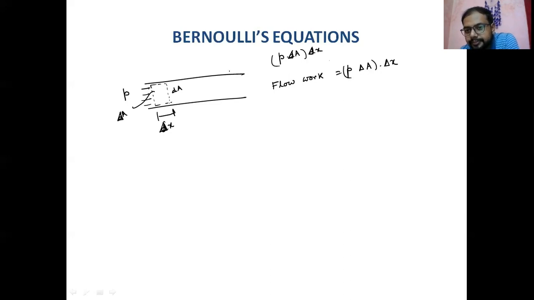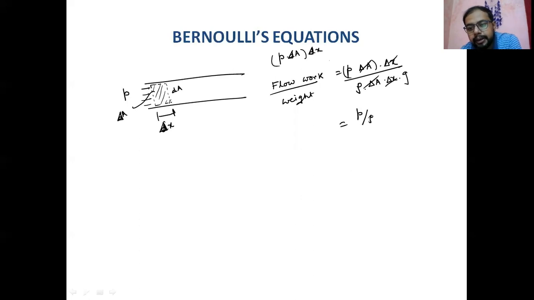And what is the weight of this element? Flow work per weight. The weight of this element is the density rho of the fluid into the volume, and the volume is del A into del x, into g. So mass into g gives you the weight. So del A and del x cancel out.